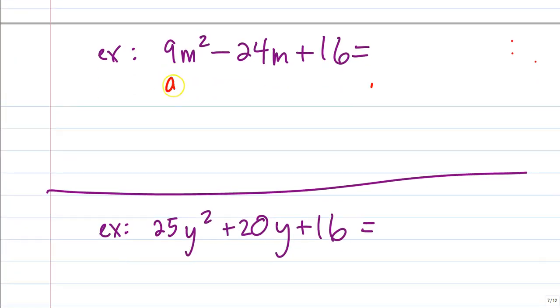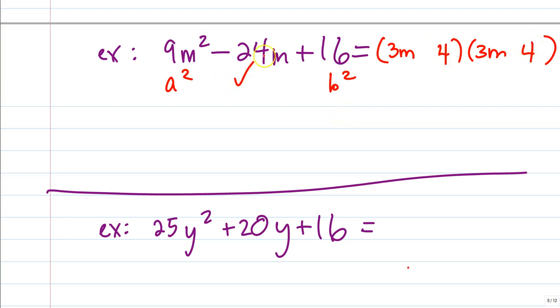Is this something squared? Is this something squared? Then wouldn't it be great if this was one of our easy factors? Let's see. What squared makes 9m squared? What squared makes 16? But check, could I make a negative 24 out of those?